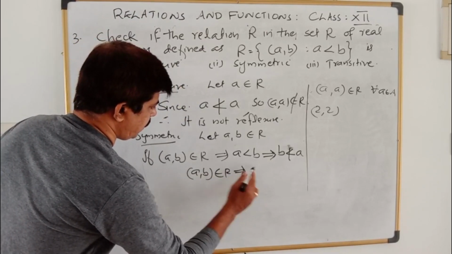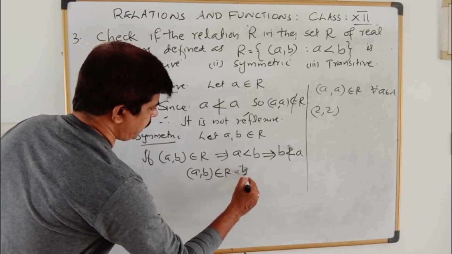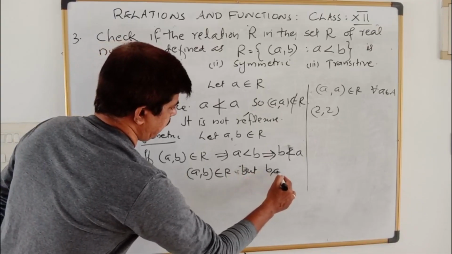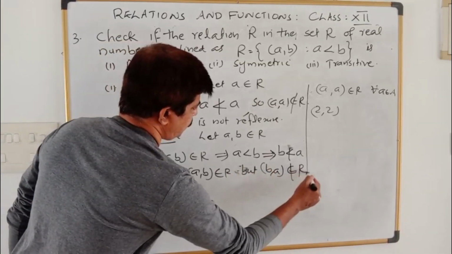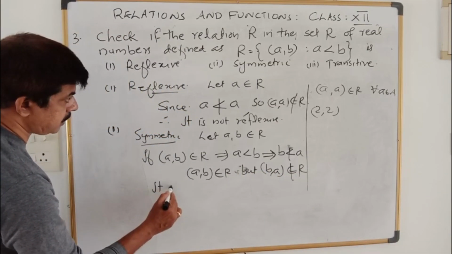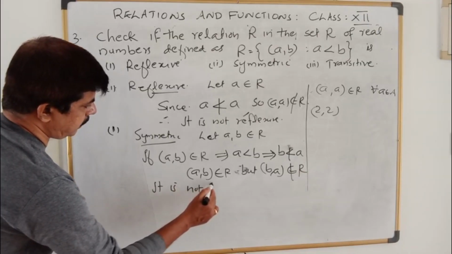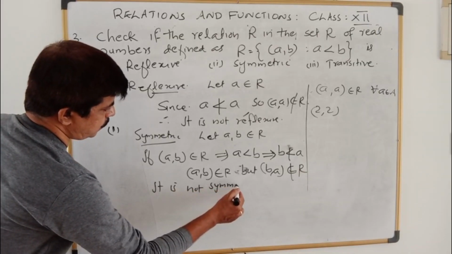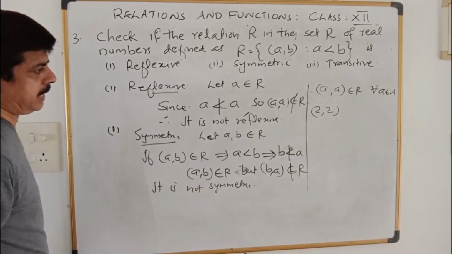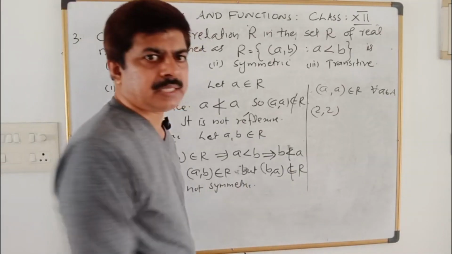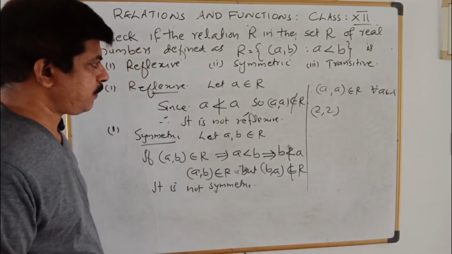AB belongs to R, but BA does not belong to R, so it is not symmetric.